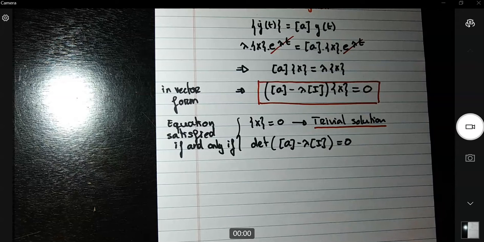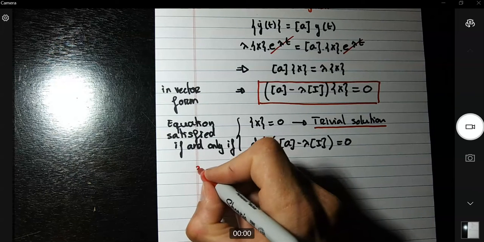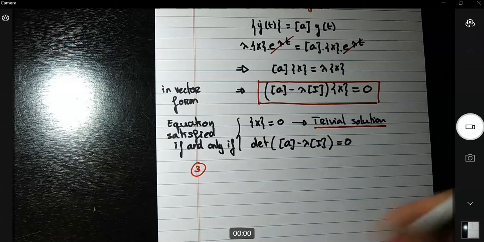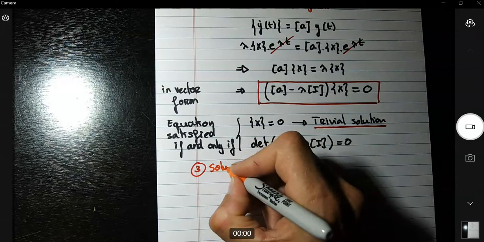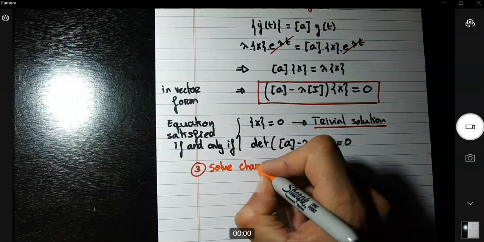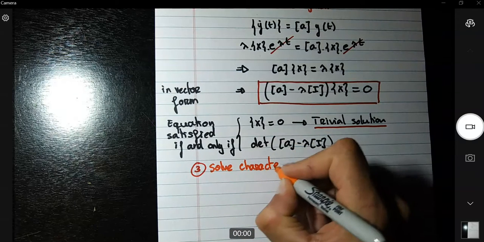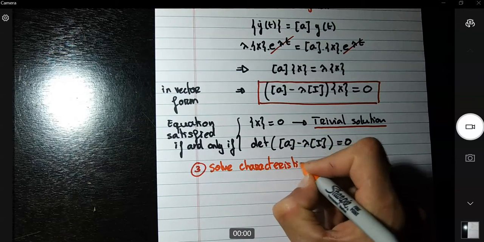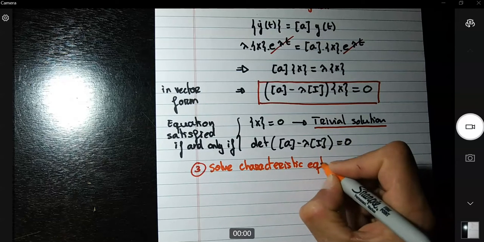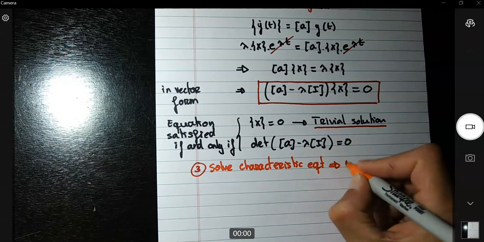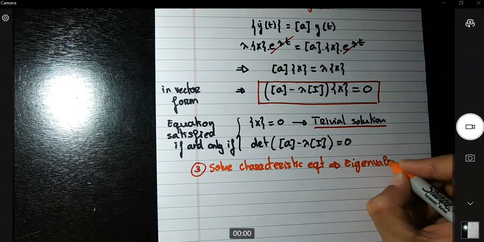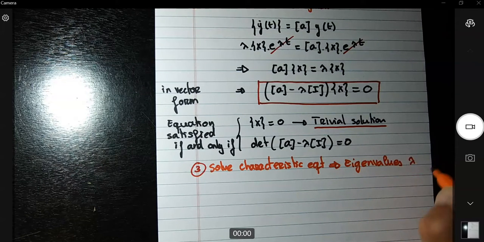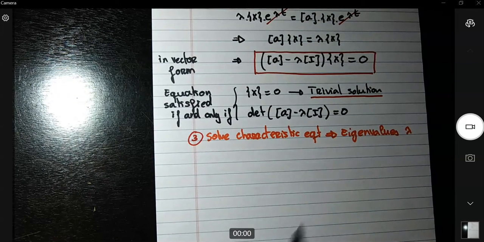So let's do that. Basically, step 3 was to solve the characteristic equation, which should give us the eigenvalues, basically the lambdas. Alright, so let's rewrite that equation.